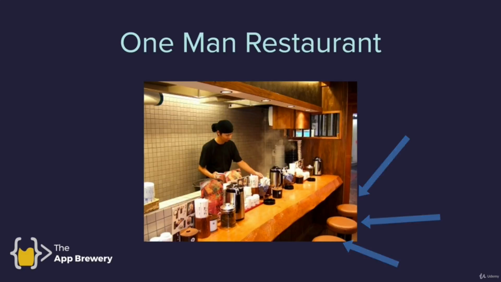You can't have a large restaurant running everything by yourself. In the same way, we can't create a very complex and very large software project if we're using a procedural style of programming where we're sort of running a one-man band. It gets very, very complex and very hard to manage very quickly.